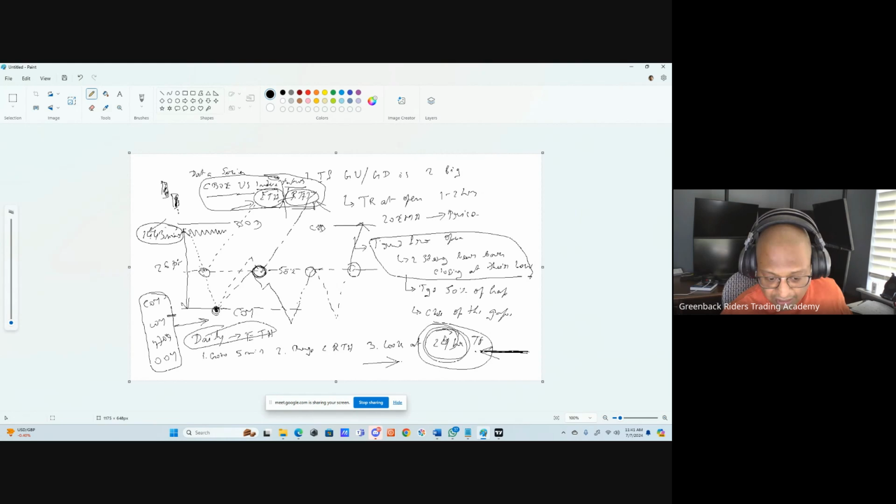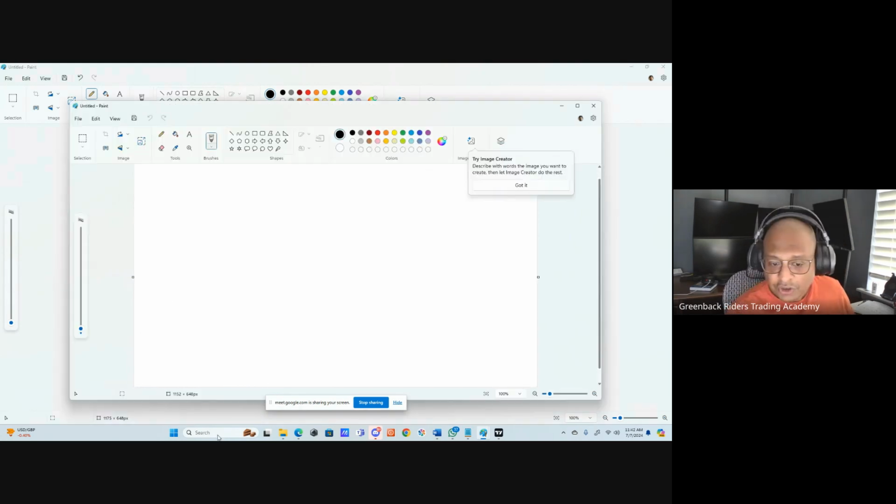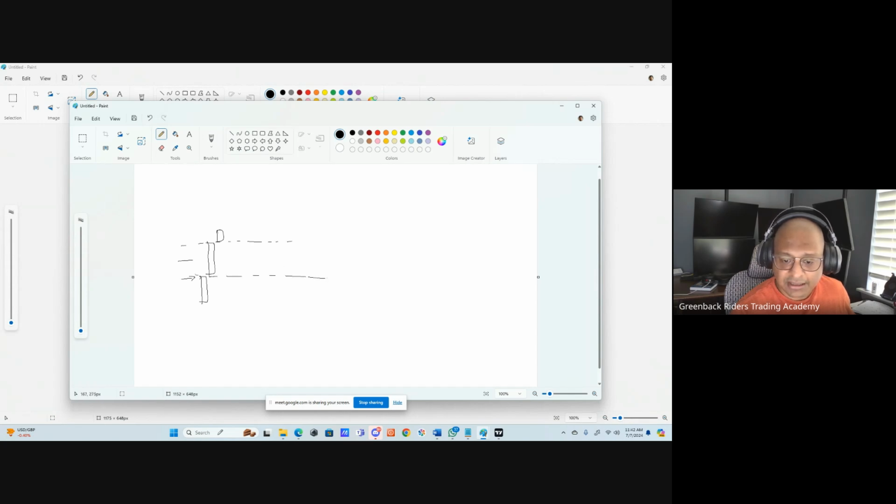Can I create another control? So you will see that this was your COI here. We had your displacement candle, and then you had another bar, thereby creating your body gap. This is your ETH gap, or this is your GX high, and this is your GX low.